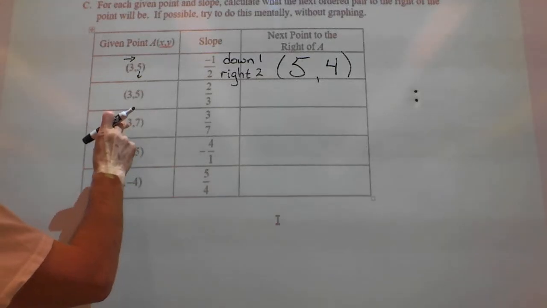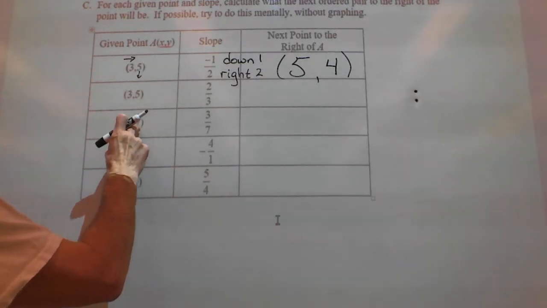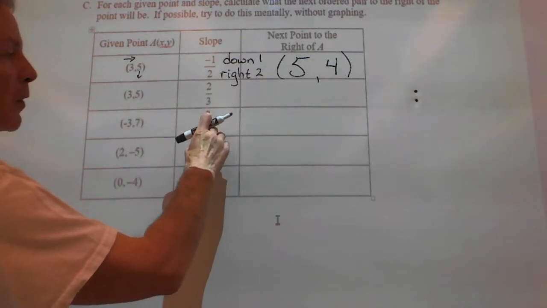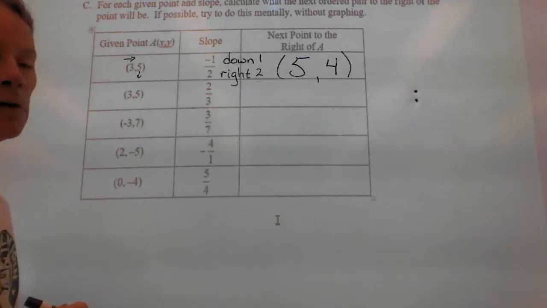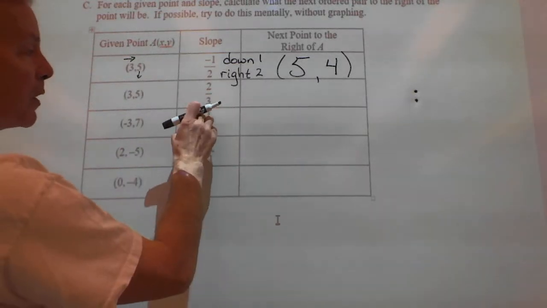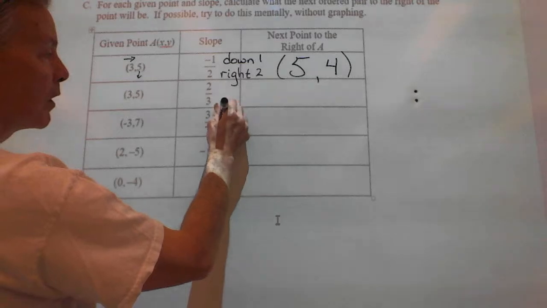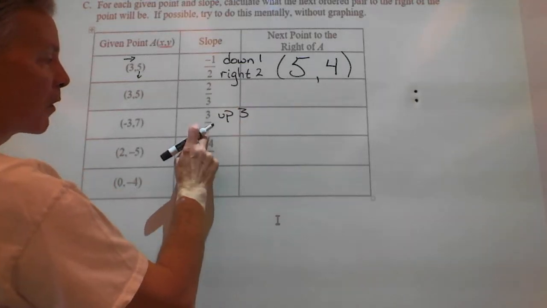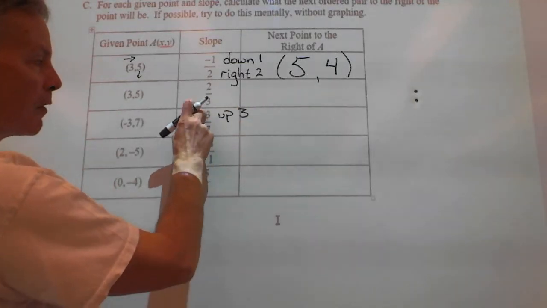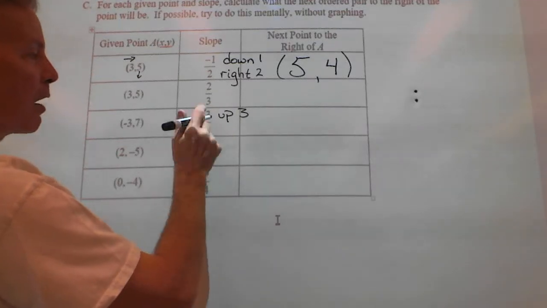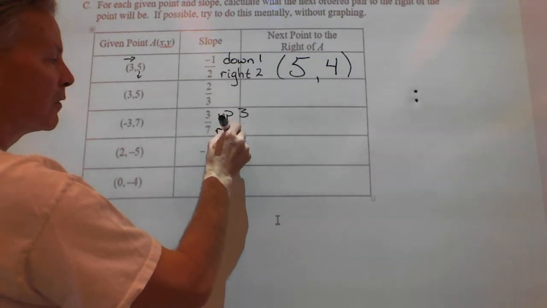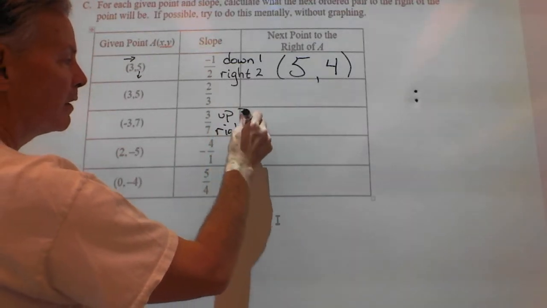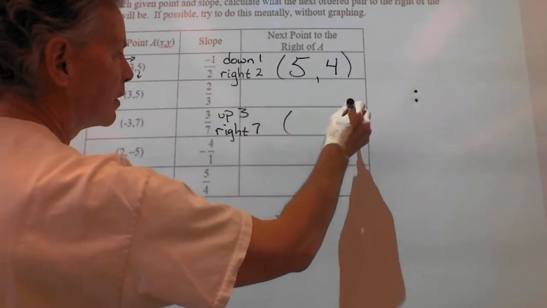So this one, we're starting at -3 and 7. Both of our values in the slope are positive, so that means for our rise, we're going to go up 3. For our run, because it's positive, we're going to go to the right, and we're going to go 7 to the right.